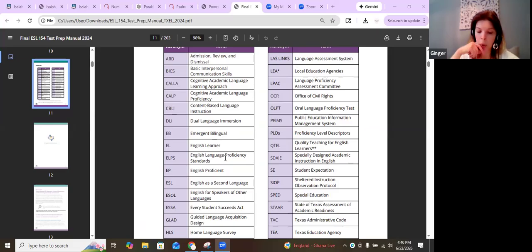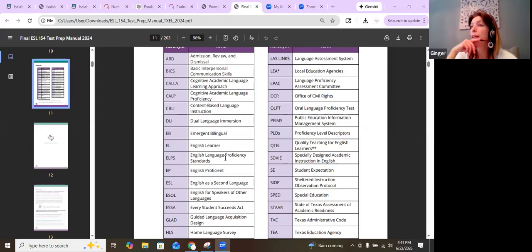So, okay, ESL programs, one of 2 broad language programs implemented in Texas public schools to develop the language and academic proficiency of students who are designated LEP on the basis of their performance on the state-approved English proficiency exam.